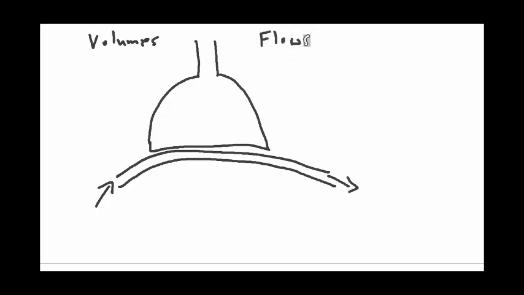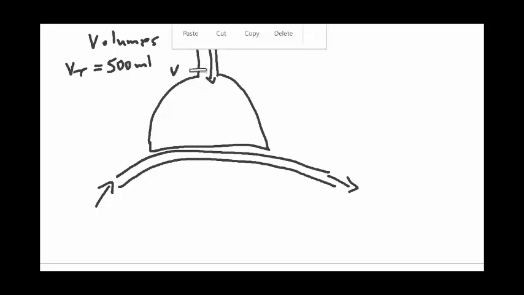So we have air coming in and out of the lungs, normal tidal volume at rest, about 500 mils. And we said dead space volume, or the volume in the upper airways, right around here, is estimated to be about 150 milliliters.